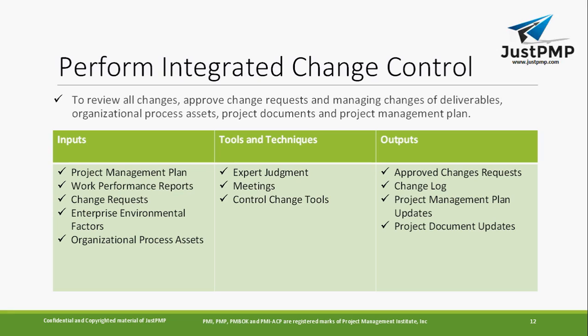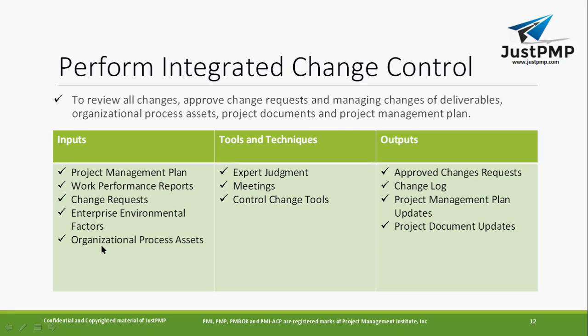Now it should go for integrated change control. You'll have to check each and every activity that will get impacted due to this change. That's why this activity is important. So you can have a work performance report as one of the inputs. You'll have a change request. You need the project management plan to validate it. So this input is needed. Again, there are the enterprise environmental factors and organizational process assets.